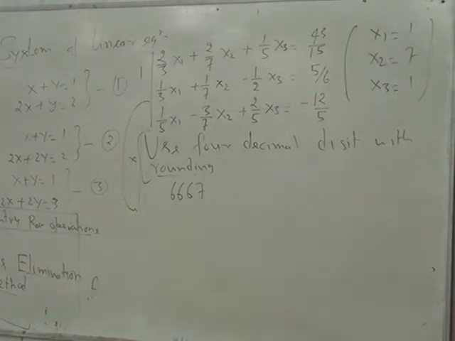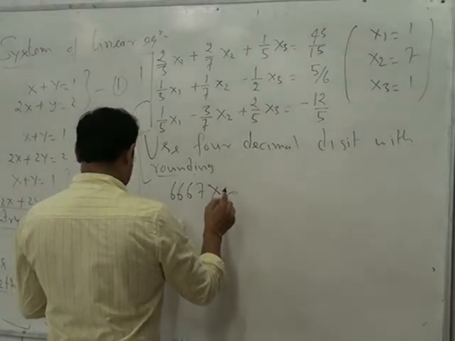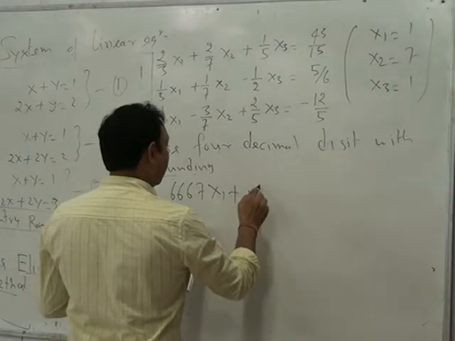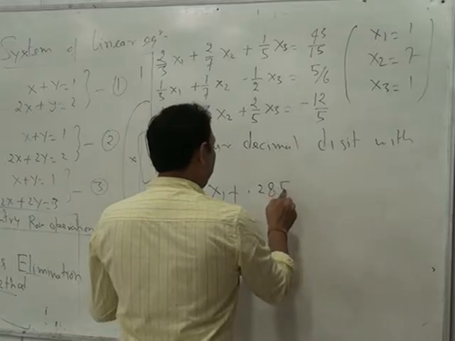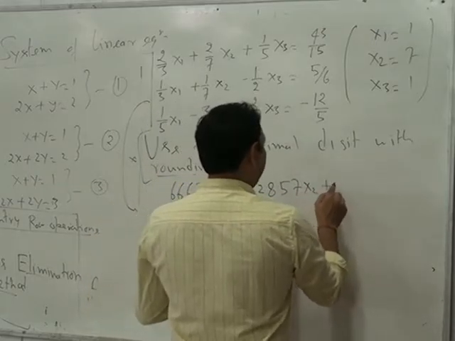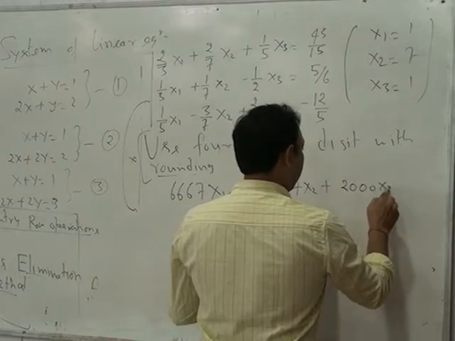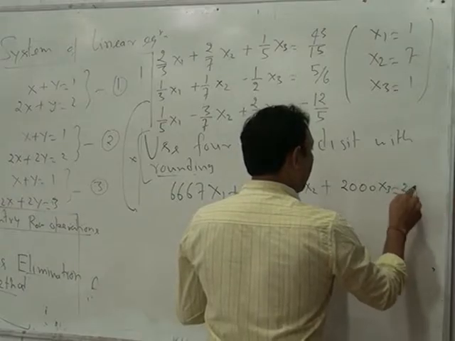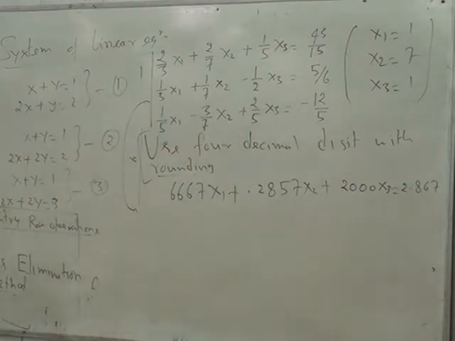Suppose you chop it off, you have to write only 0.666. So 0.667 x1 plus 0.2857 x2 plus 0.2 x3 equal to 2.867. This is the first one you have to write.